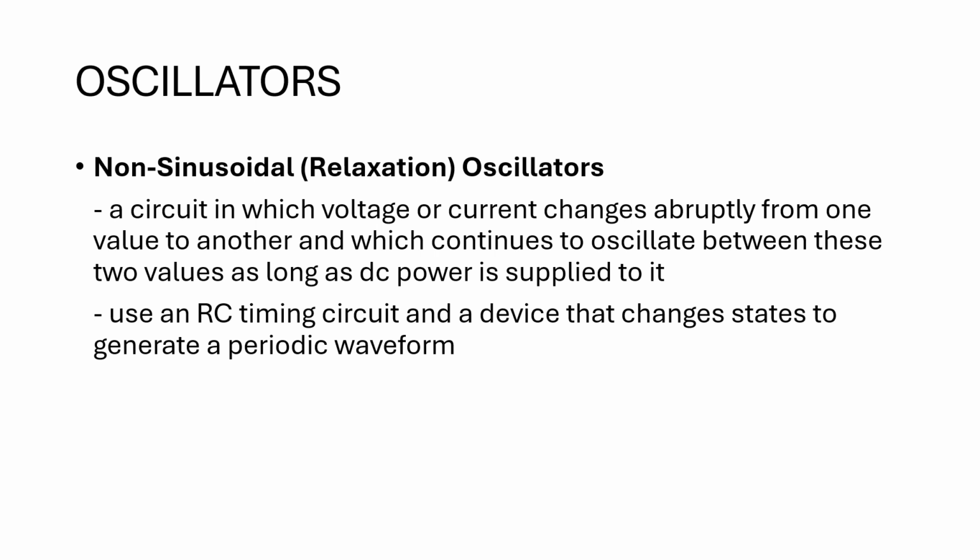Non-sinusoidal or relaxation oscillators are circuits in which voltage and current change abruptly from one value to another and which continue to oscillate between these two values as long as DC power is supplied to it. Usually, non-sinusoidal or relaxation oscillators use an RC timing circuit and a device that changes states to generate a specific waveform.